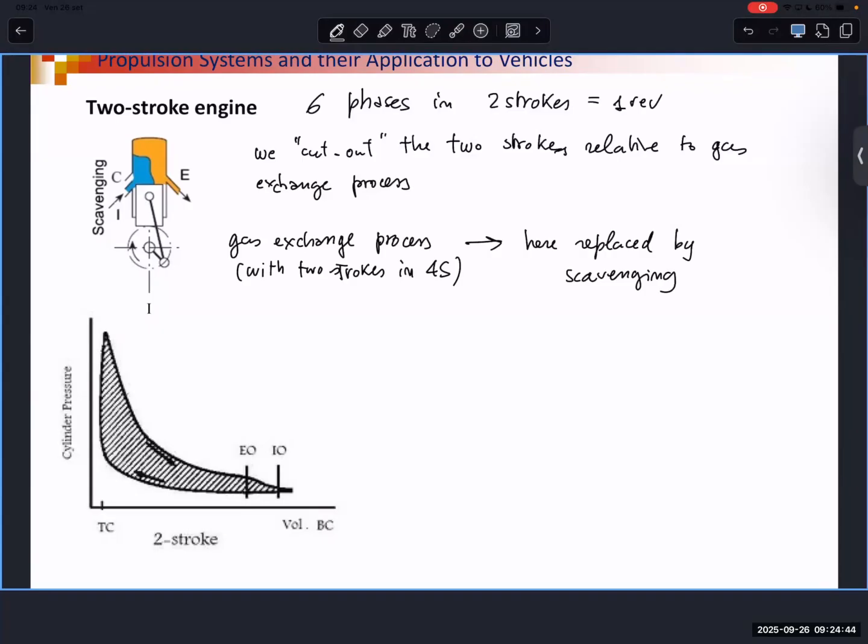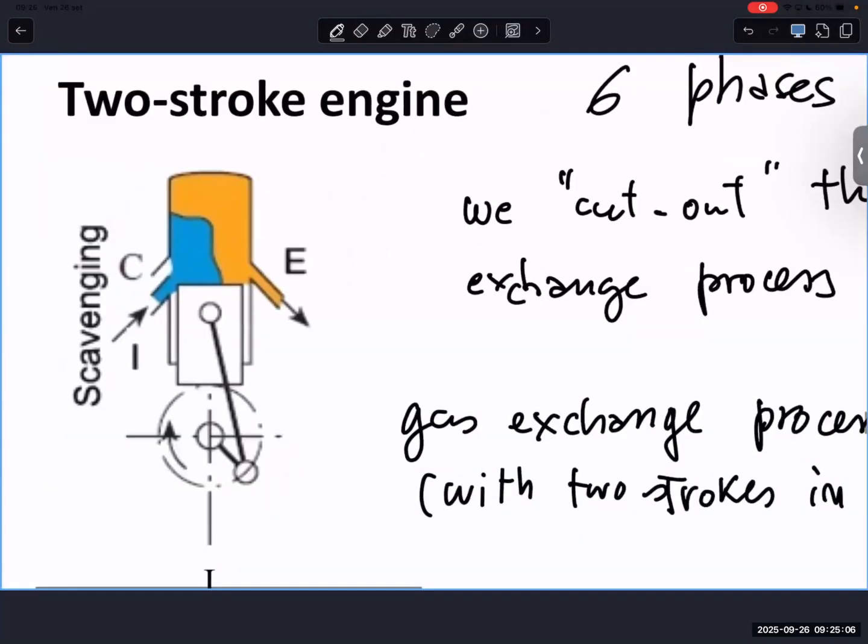Sometimes the word scavenging is also used for 4 strokes, but I try not to use it in this context and maintain it relative to this one. So when the piston is around bottom dead center, we'll be moving a bit before and a bit after bottom dead center.